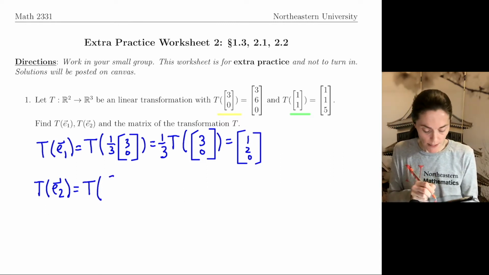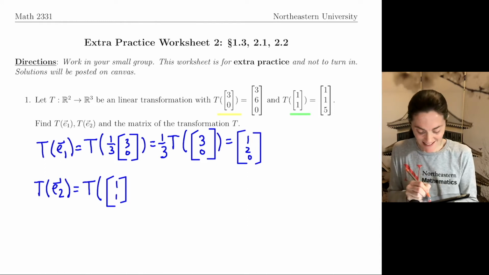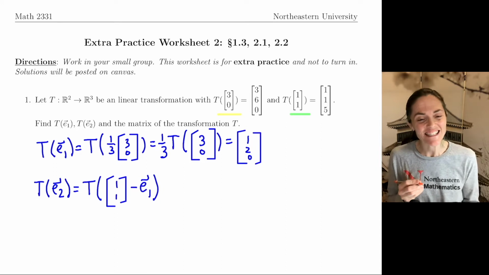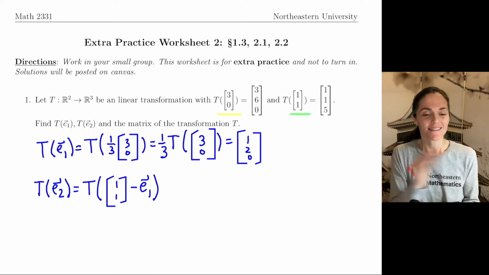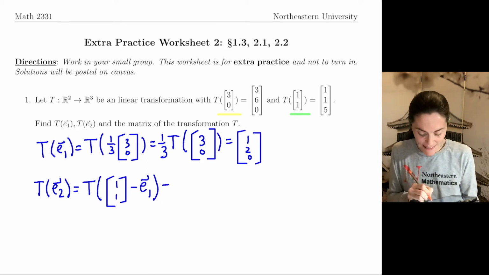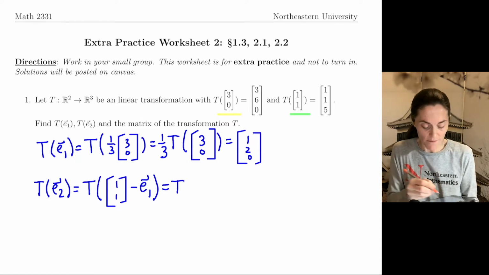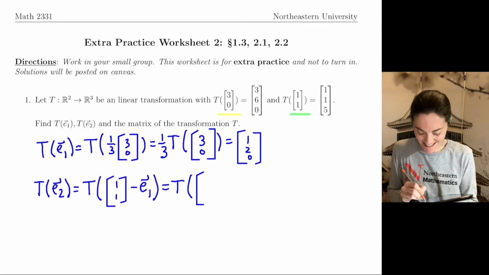We can do this by taking 1, 1 and then minus E1. This will give us exactly vector E2. Now we can just break this across a sum. As I mentioned, this is our second property of linear transformations. This would be T of 1, 1, and then minus T of E1, which we've already calculated.